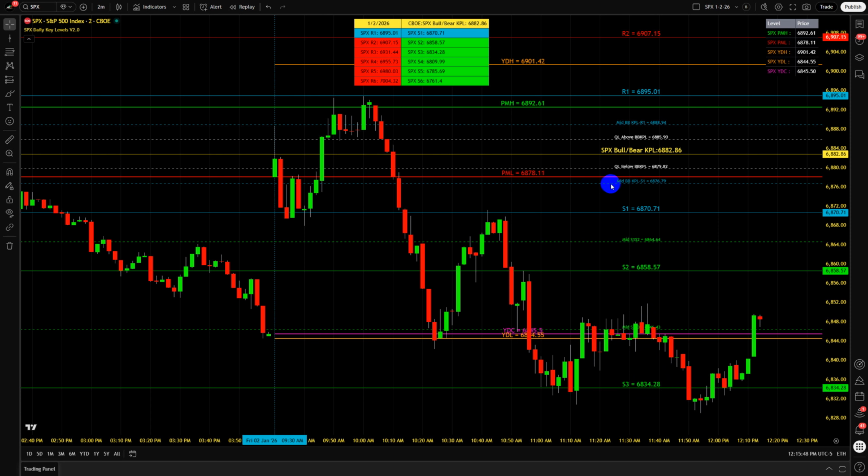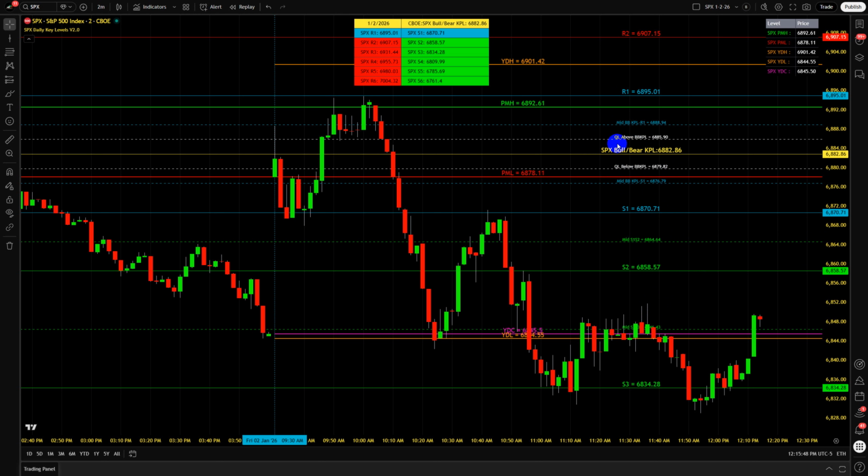So the midpoint levels are not used for trade entries. Only the main key levels, being the bull bear key price level and the R1 through R6 levels and the S1 through S6 levels with the V2.0 indicator, are used for bullish and bearish trade entries, whereas the midpoint levels and the QL levels have different purposes.